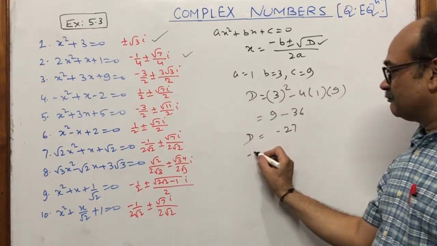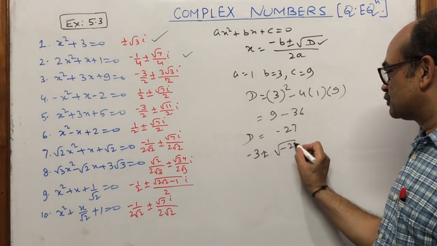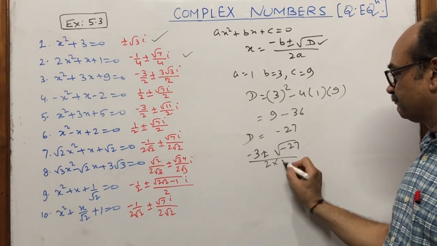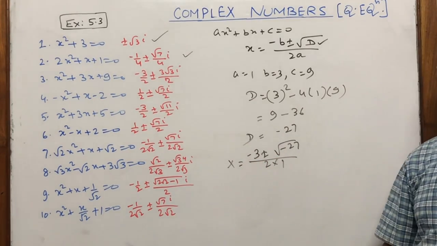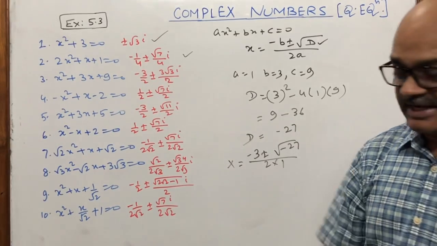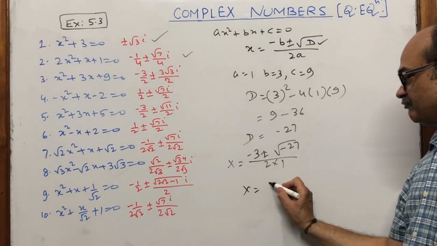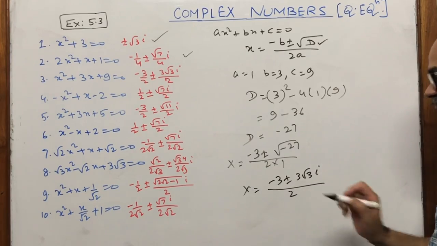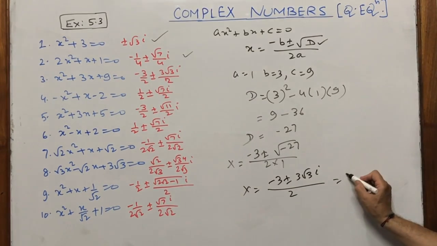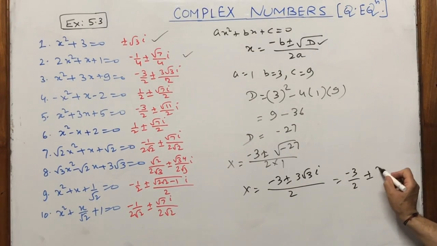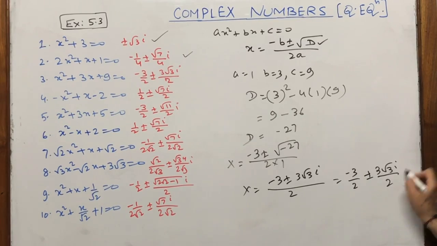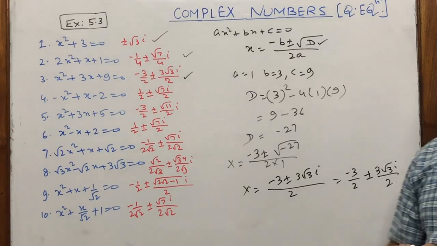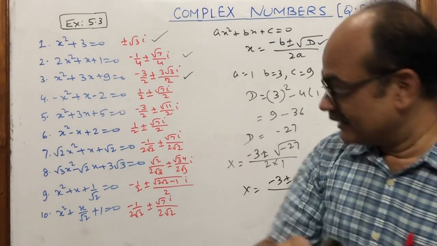Apply the formula minus B plus minus root minus 27 divided by 2A is the value of x. And when this is the x, we can simplify, and what do we get? Minus 3 plus minus 3 root 3 iota divided by 2. Separating in the standard form of a complex number: minus 3 by 2, plus minus 3 root 3 iota by 2. Correct. Easy. Now the fourth.